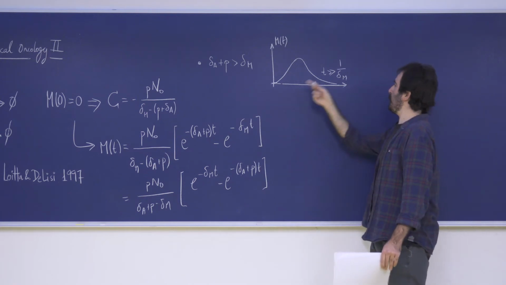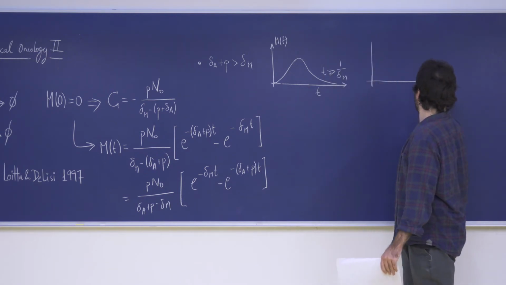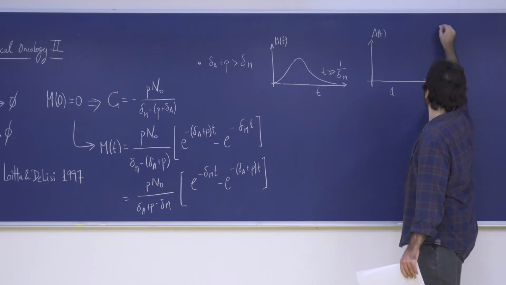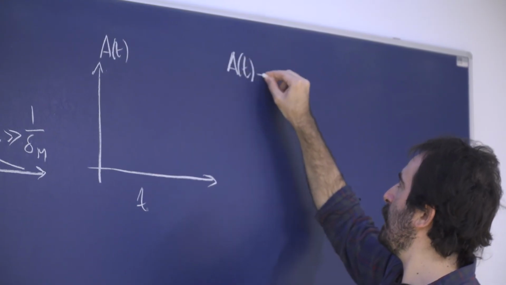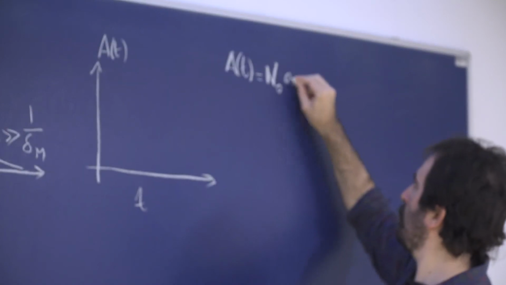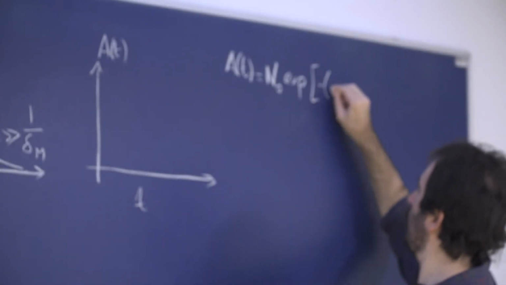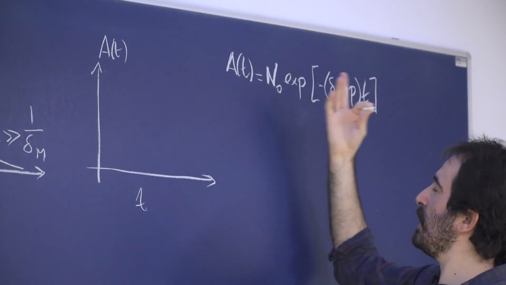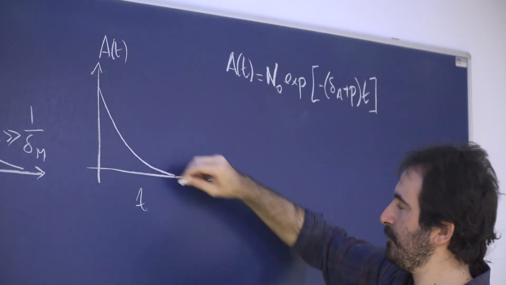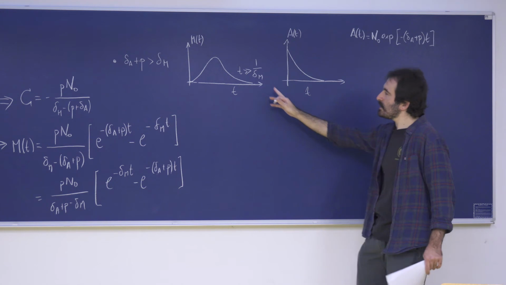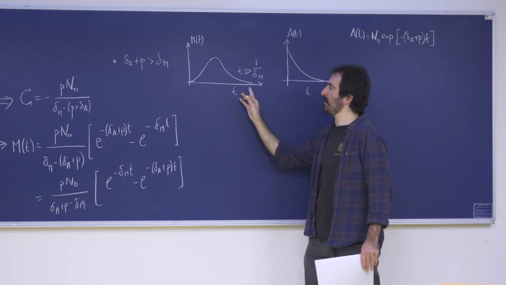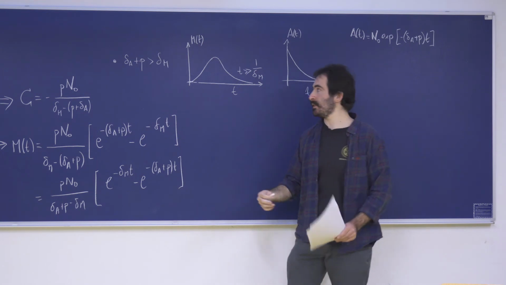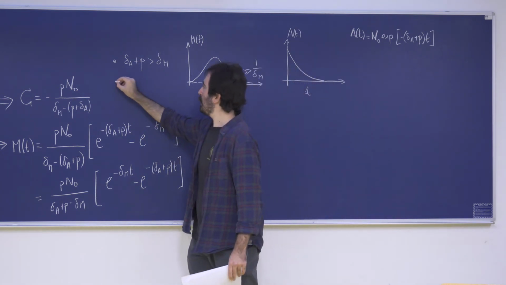Under the same conditions, it's pretty straightforward to see that the arrested cells, from the solution that we had before, which I'll just recall right here, this is just an exponential decay that goes like this. This we have to think a little bit more about, but it's not so hard using these nice little tricks that I have just explained.